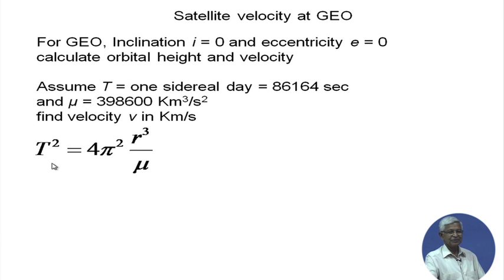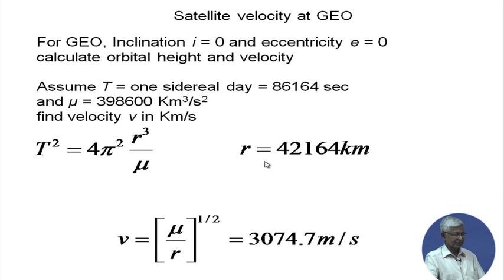To calculate that, you remember that T square, that is orbital period square, in this case sidereal day square, is equal to 4 pi square r cube by mu. And from this, by putting the values of sidereal day and mu, pi is a constant, we get r equal to 42164 kilometer.